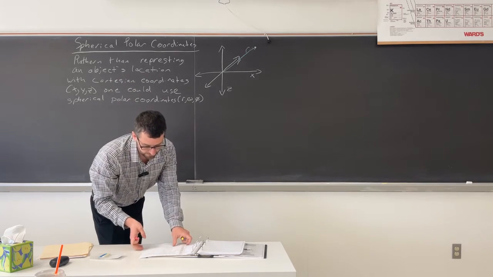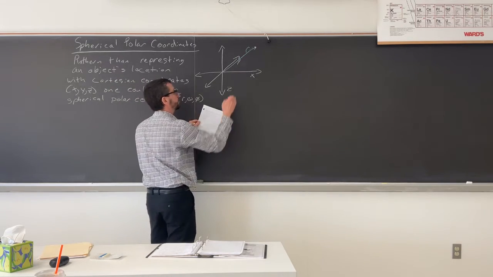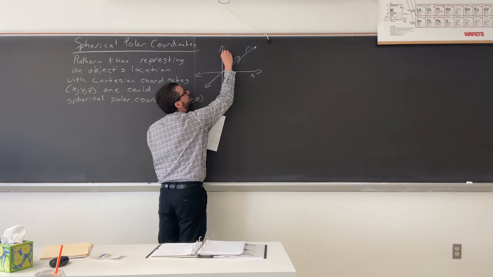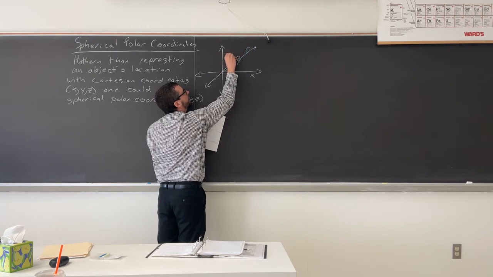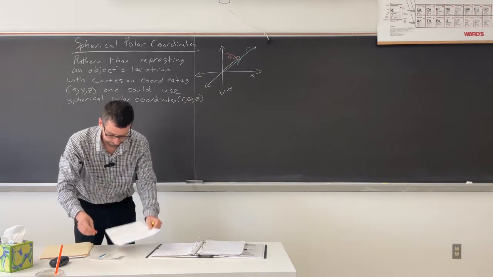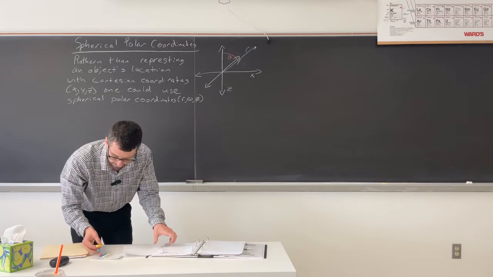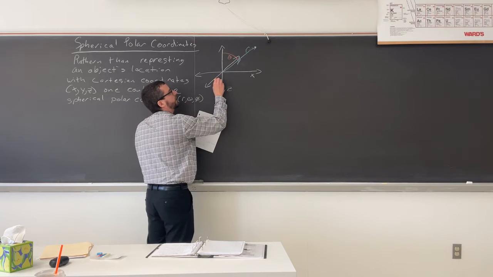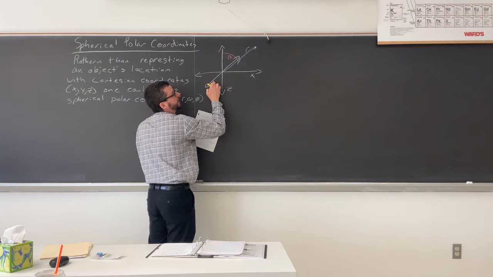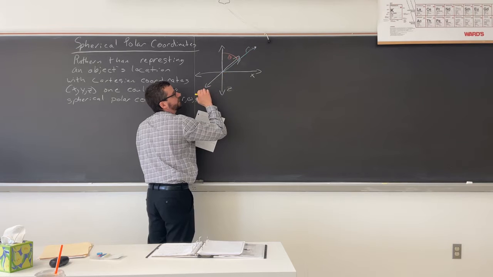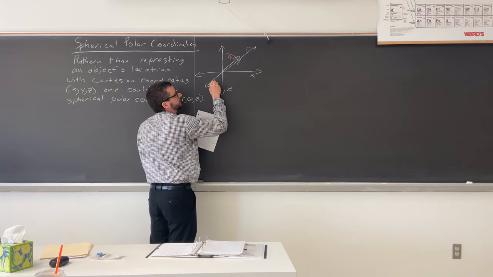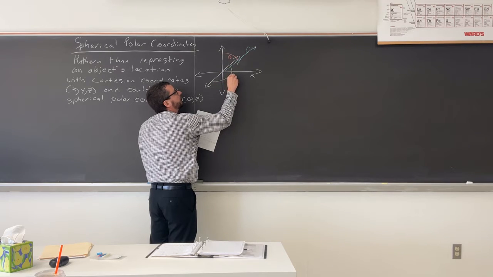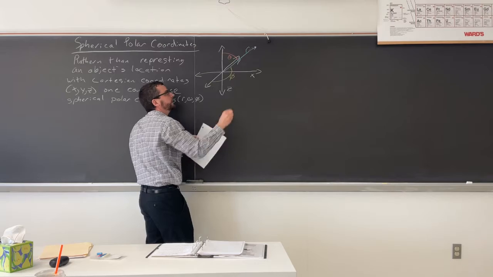Then if we look at the angle between the x-axis and the z-axis, which is along here, that's theta. What color am I missing? And phi is the angle between the x-axis and the y-axis. That would be phi.